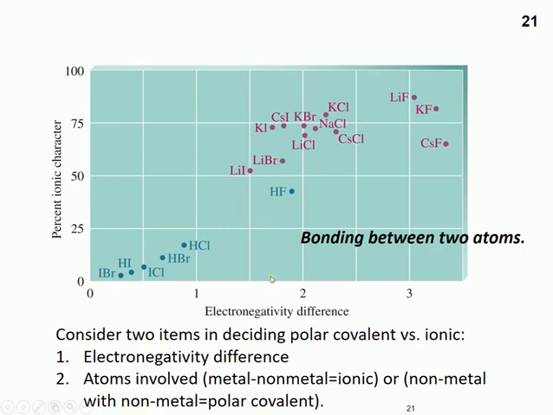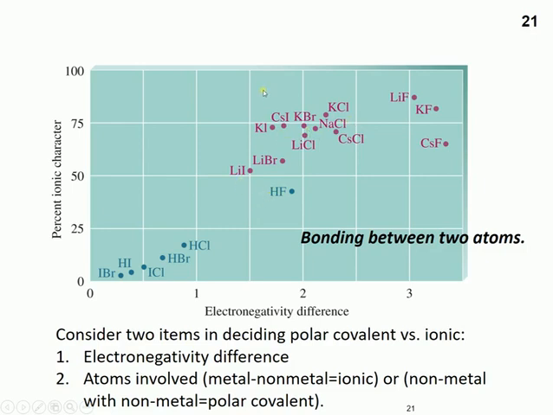So that number we were talking about before is about 1.7, so that'd be right around here. Now, what we see in this chart is that everything that's got that blue color, HCl, HBr, HF, all these things, these are considered covalent compounds. While these in that reddish, maroon color are considered ionic compounds.